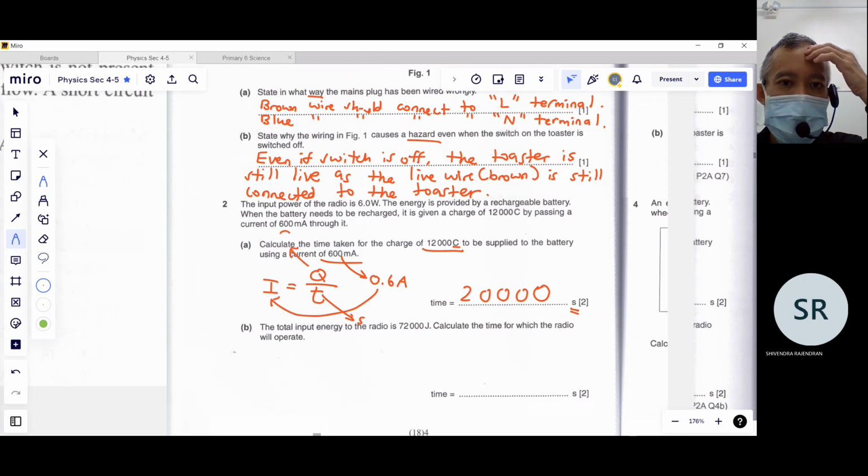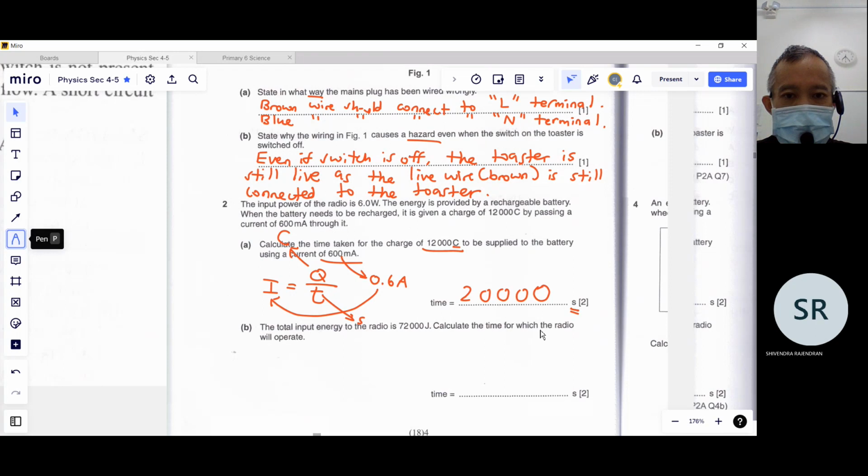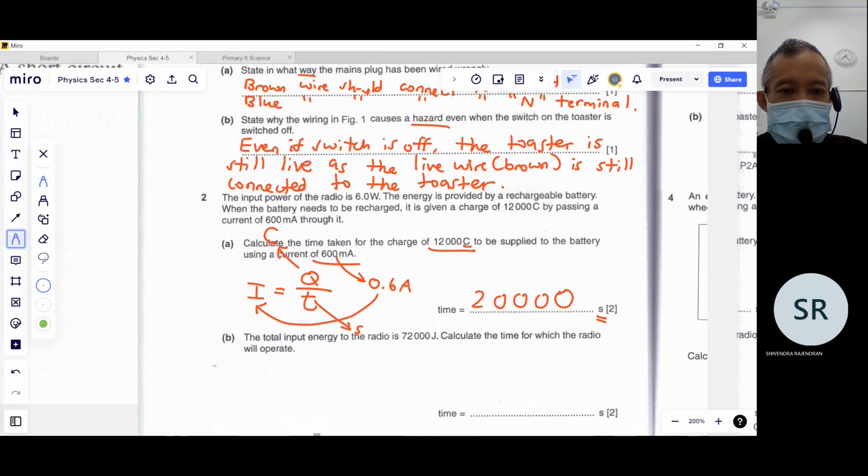Okay, charge is always in coulombs. Total energy input to the radio. Calculate the time for which the radio will operate. So, Joey, what formula would you use here? Okay, power formula, P equals to energy over time.